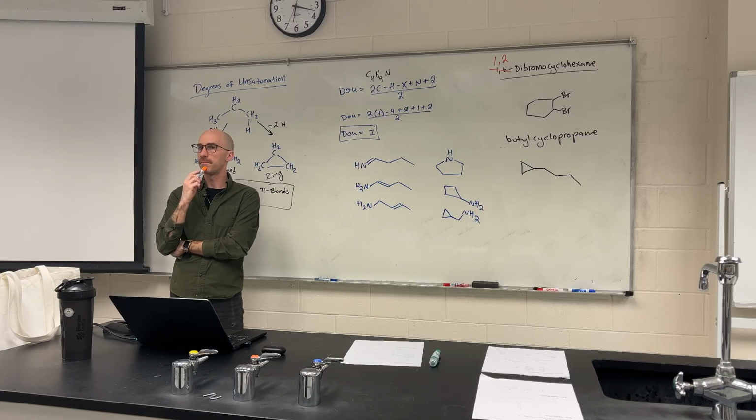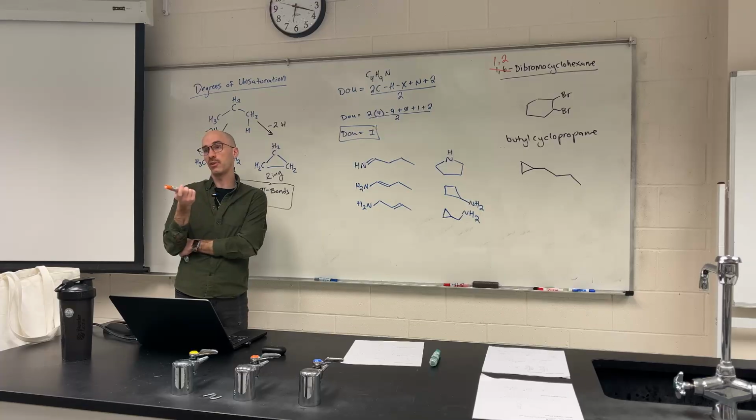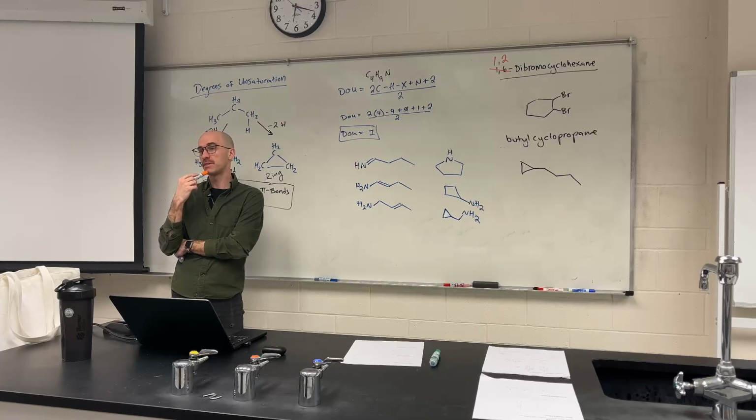Now what's the problem? We actually don't need to know where the butyl is, because if we call it 1-butylcyclopropane, it's still the same. On a ring, there's only that one position.